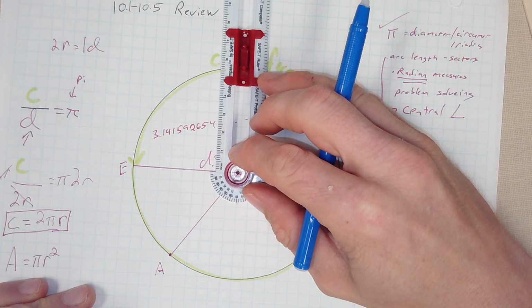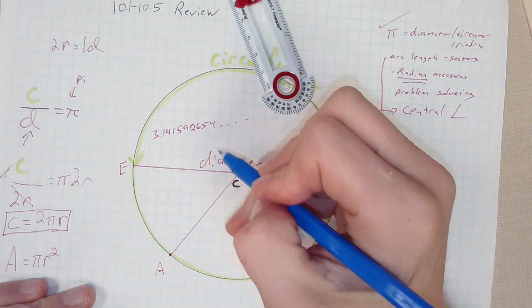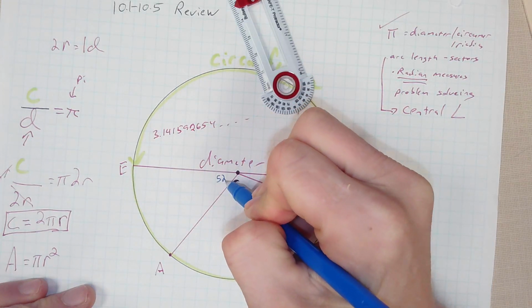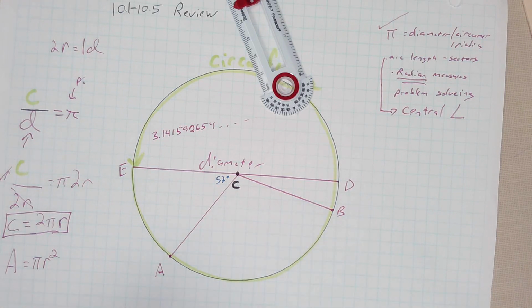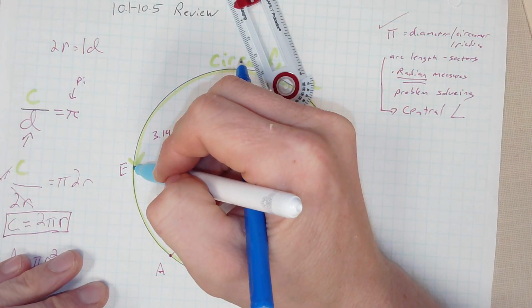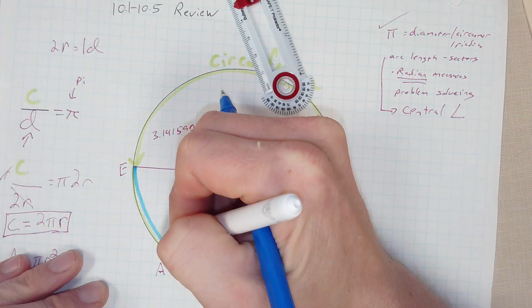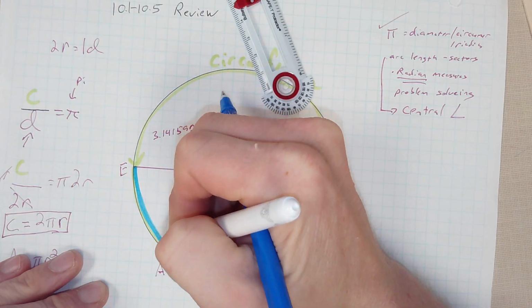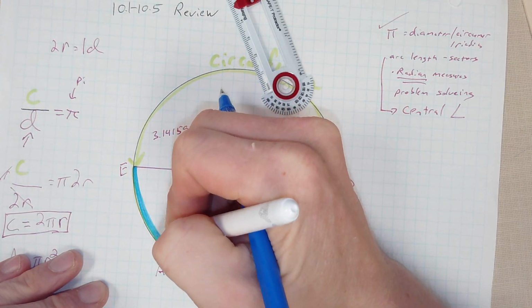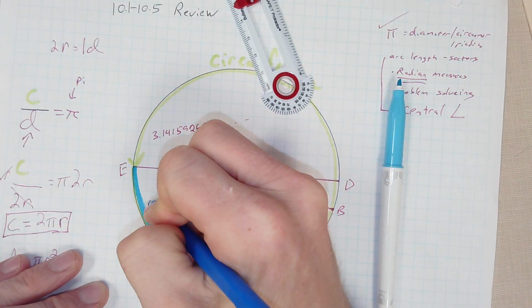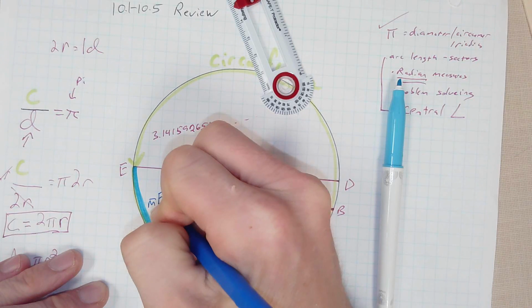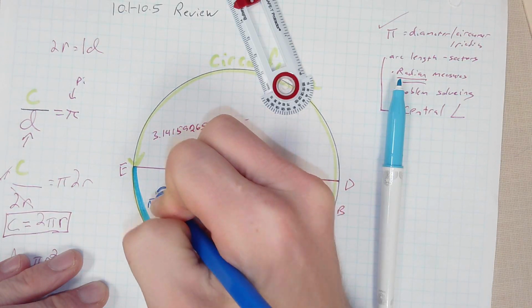It's like 52-ish degrees. 52 degrees. Okay? And so this arc, we say the arc measure is 52 degrees. So this measure of this arc, EA, this is the minor arc.